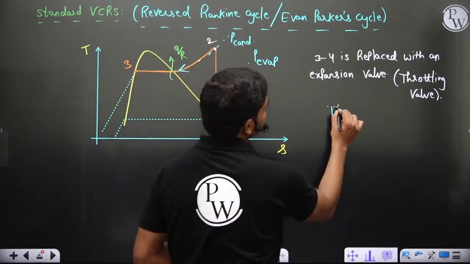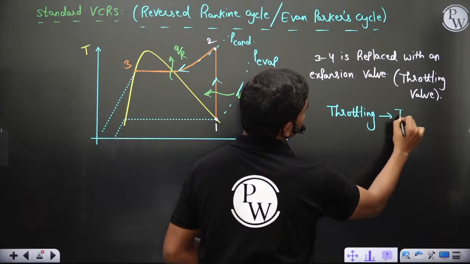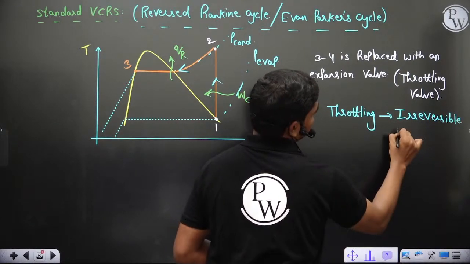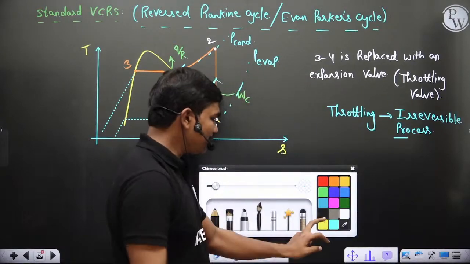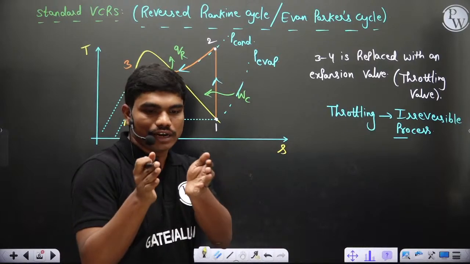Throttling is an irreversible process, one thing you know. Also, the throttling valve is actually very small. The dimension of the throttling valve is such that the fluid is in it only for a small duration.